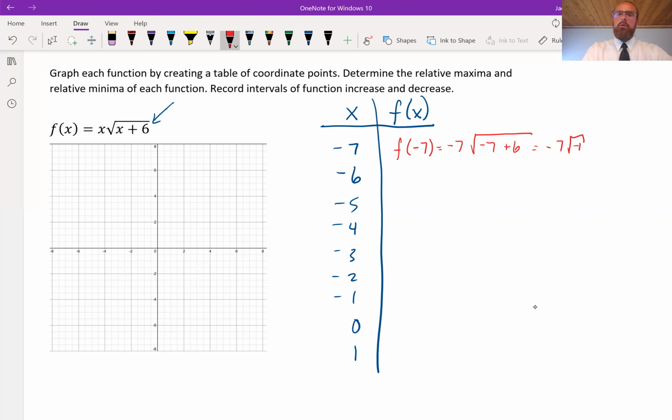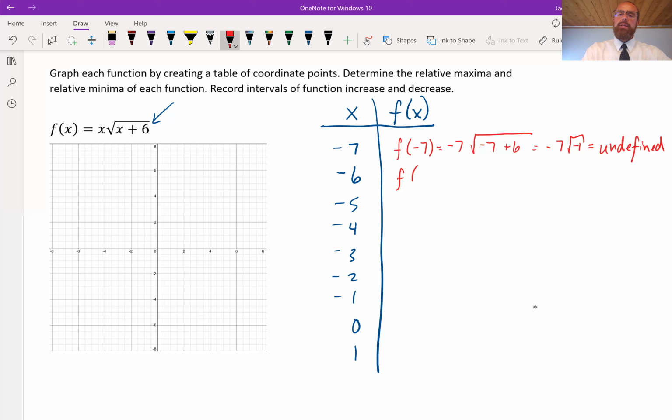Now, I've run into a problem. I can't take the square root of -1 in the real numbers. So what I would say here is that this value is undefined. And that happens with square root functions. Once it's negative under the radical, we can't do anything with the evaluation. It doesn't exist in the real numbers.